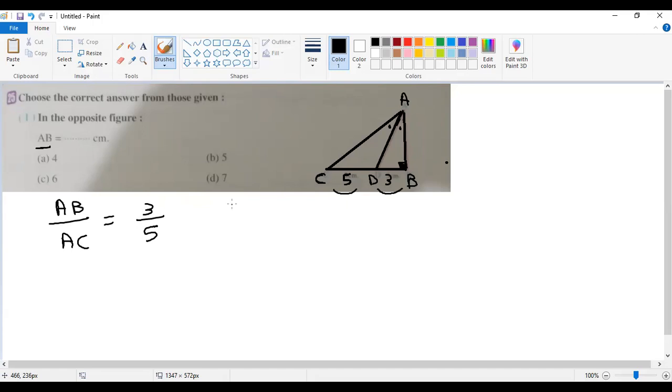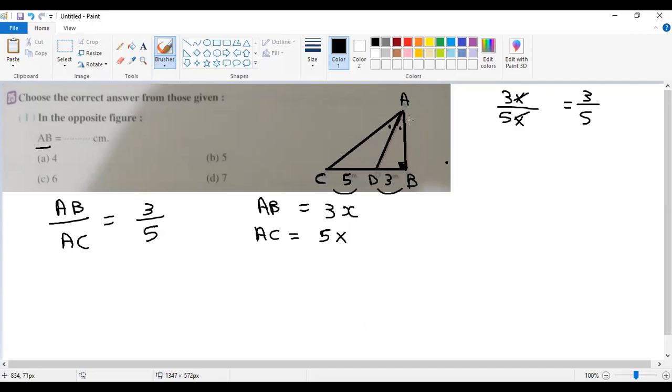So we couldn't say that AB is 3 and AC is 5, but we can say that AB over AC is 3/5. So AB will be 3x and AC will be 5x. If you divide 3x over 5x, you cancel x with x, and it will be 3/5.